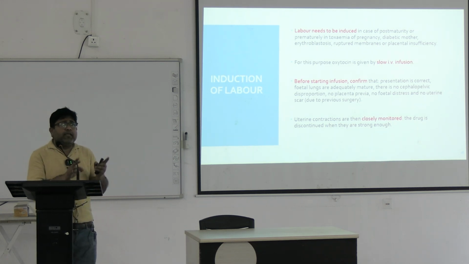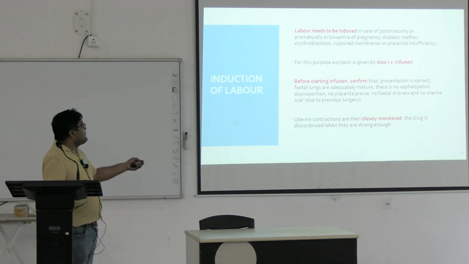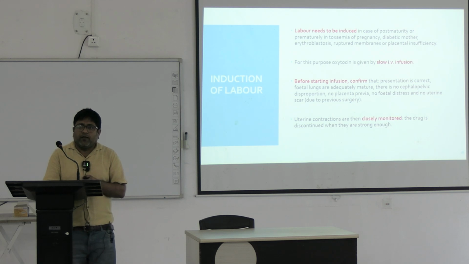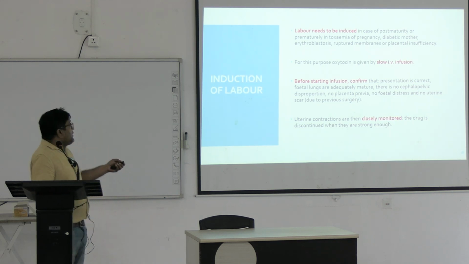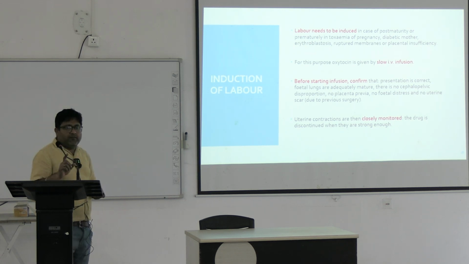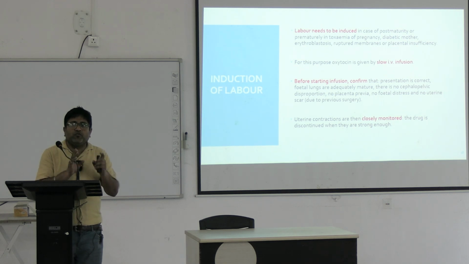Induction of labor: oxytocin helps in inducing labor. When? In case of post-maturity, and in prematurity; oxytocin should not be used in normal labor. In prematurity, it is used in toxemia of pregnancy. In premature pregnancy, why should it be induced?